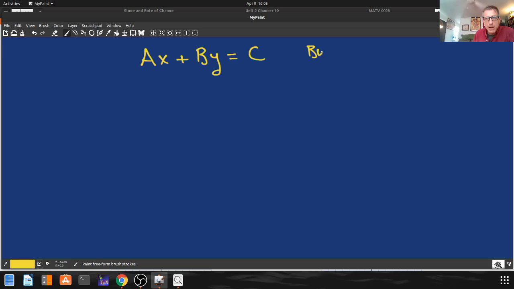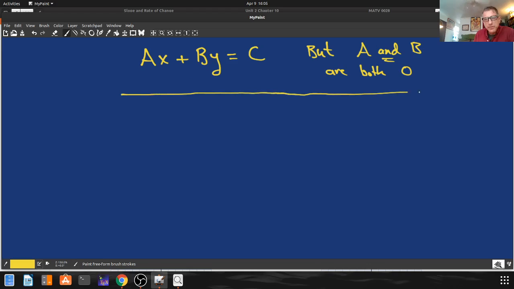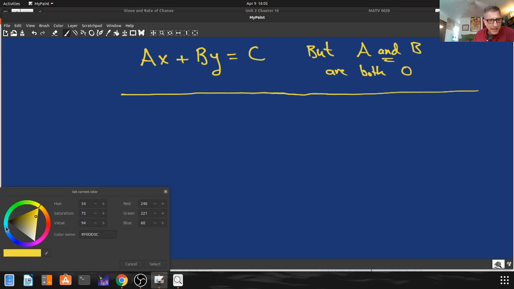There's only one but, and that but is that a and b together are not both 0. And we saw quite a few equations of lines in this form. But what we can do is the following. There's one caveat.